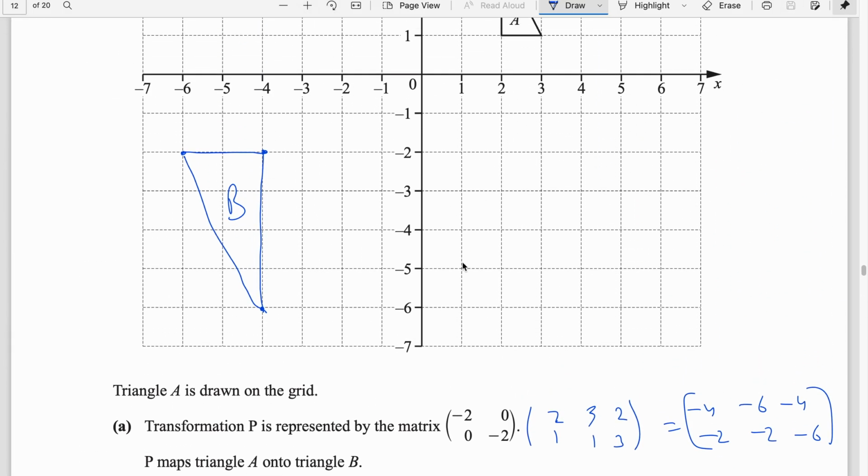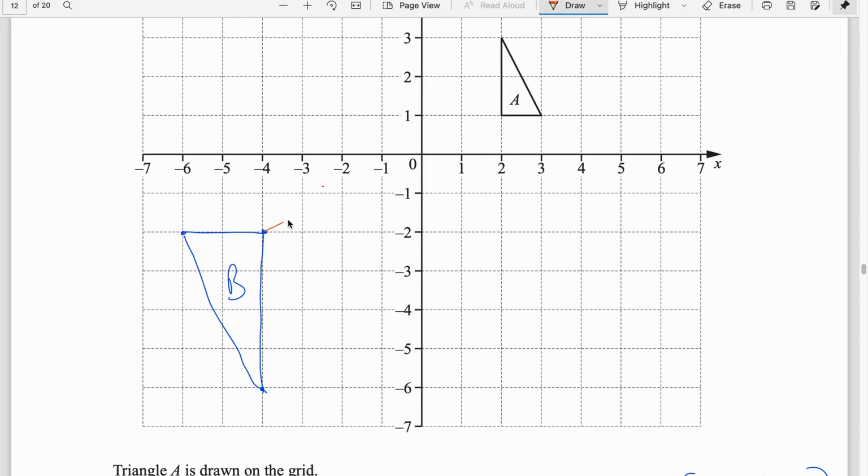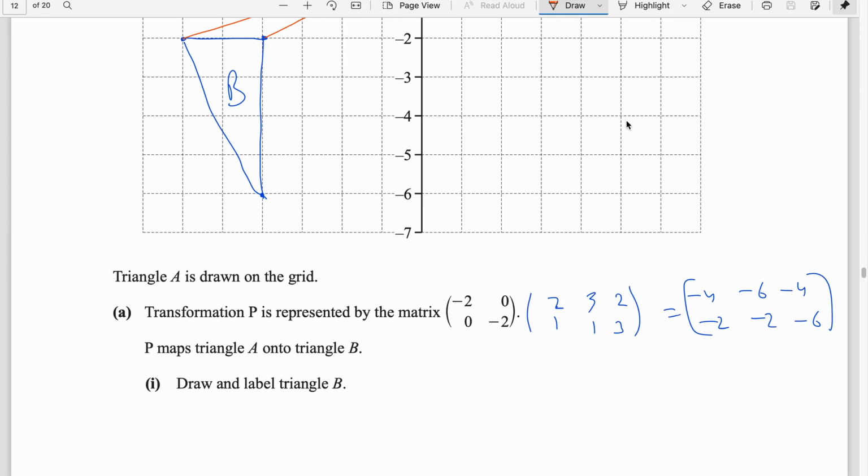How can you explain that further? During the exam you can just join the corresponding points, any two, and it will intersect at the point of center of enlargement, and by just looking at the diagram, you know that it has been doubled in size.